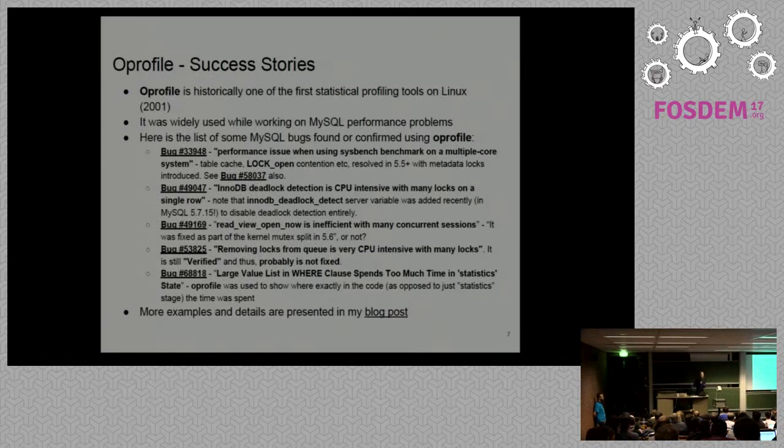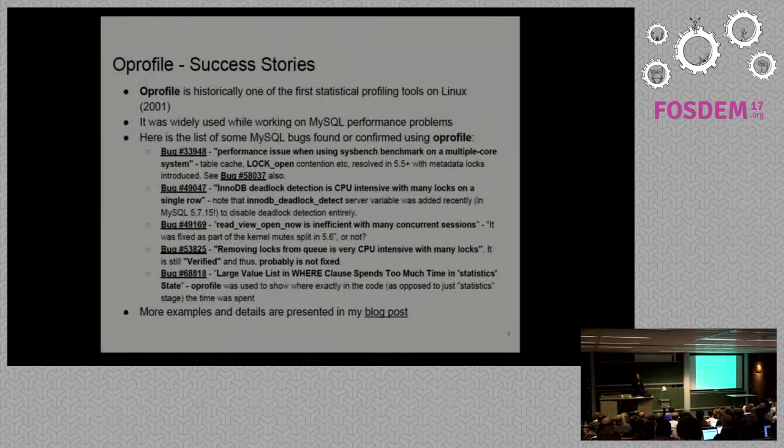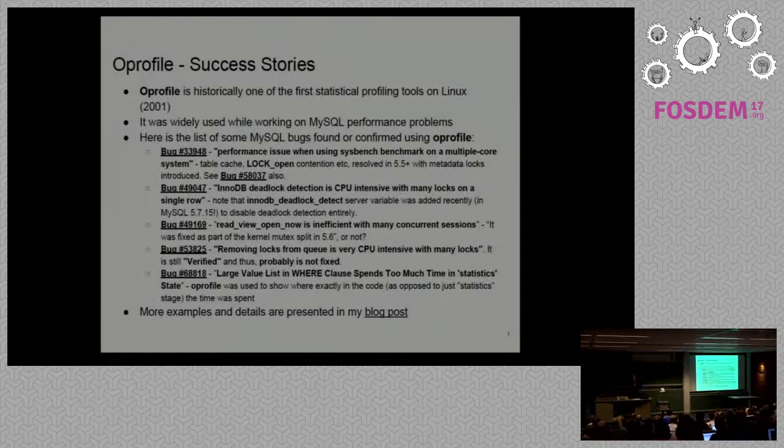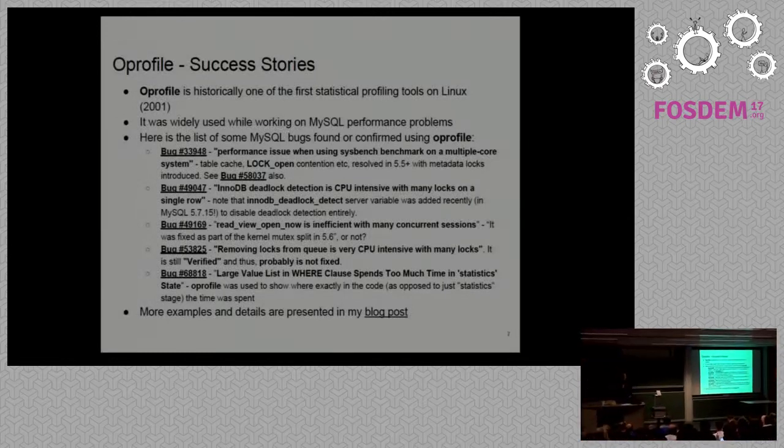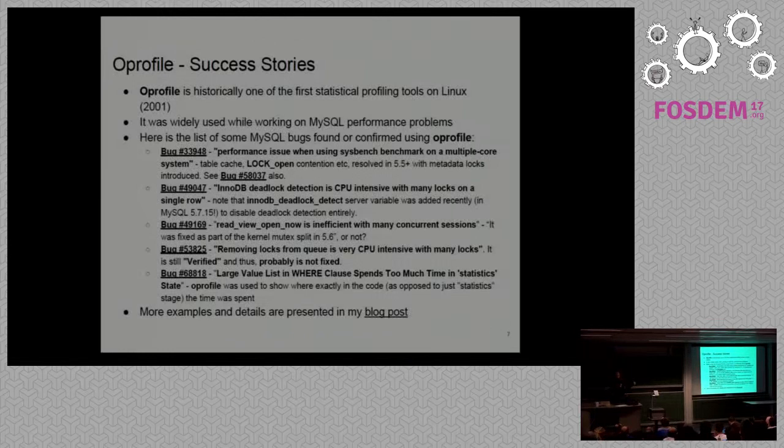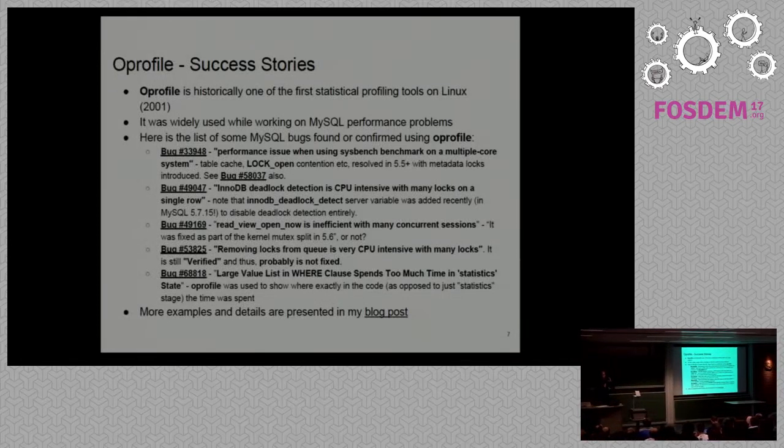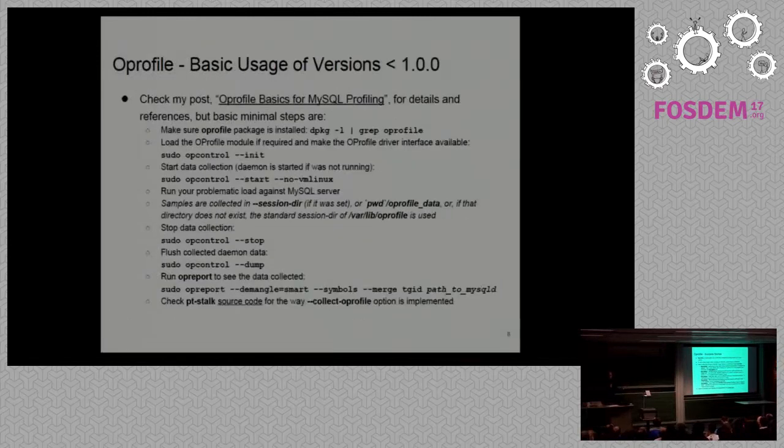So just check all the details. There are many more, probably 20 bugs that I picked up for my blog post that is already published, and you can find it and get more insights. So good people, well-known engineers like those who now work for Facebook, were historically, like 10 years ago, already spending time profiling MySQL and proving where the problem is with OProfile at that moment.